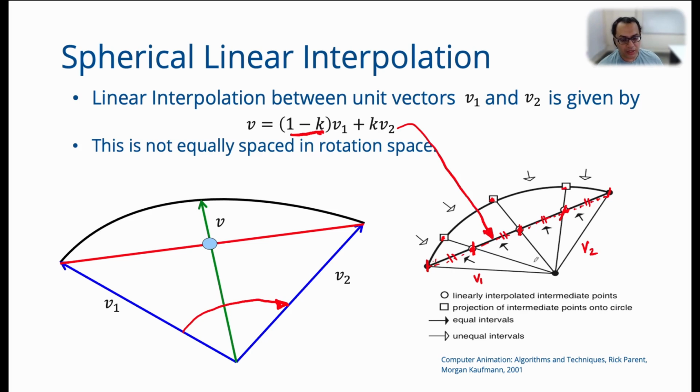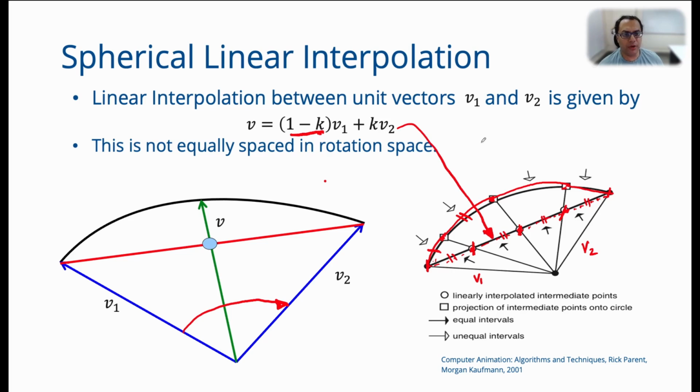However, when I restore the length of my vector to a unit norm, then I find that the amount of distance that I cover on the arc is actually very different. So this is clearly not equal to that. So the segments that I form over the arc are not equally spaced. Therefore, in rotation space, I am not moving by equal increments by changing my parameter for interpolation by equal amounts.